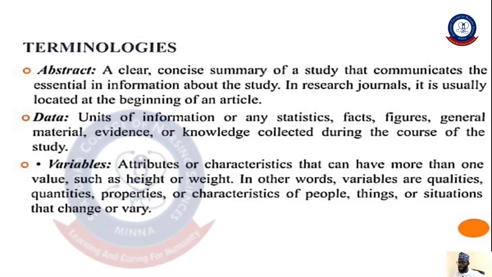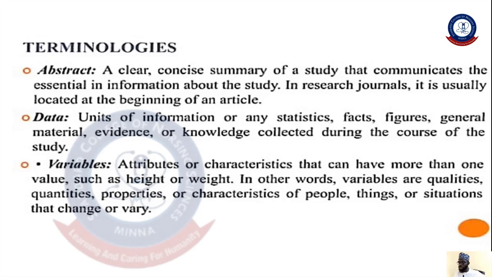Abstract is a clear, concise summary of a study that communicates the essential information about the study. In research journals, it is usually located at the beginning of an article. So when you hear abstract, it's just like a summary of the whole work that you did as far as that research is concerned.